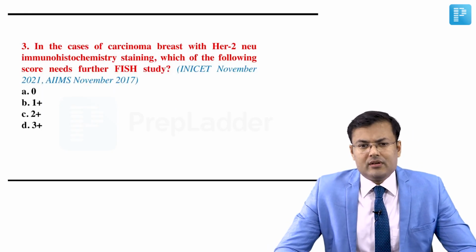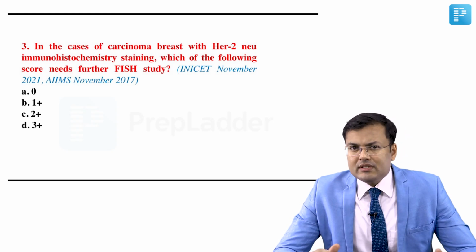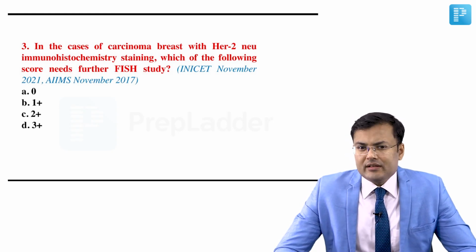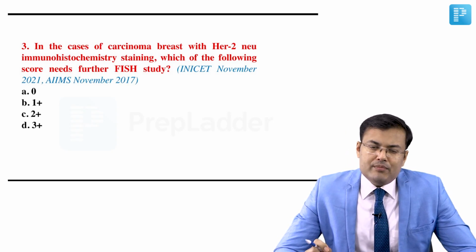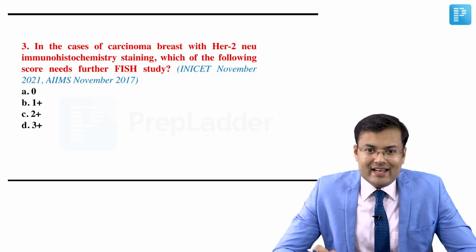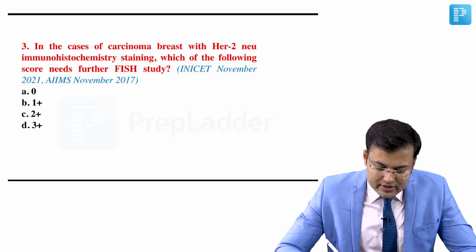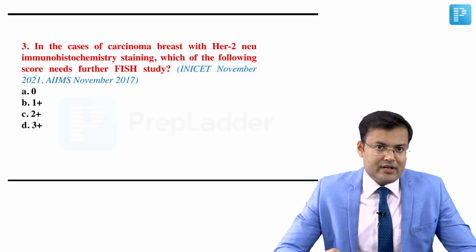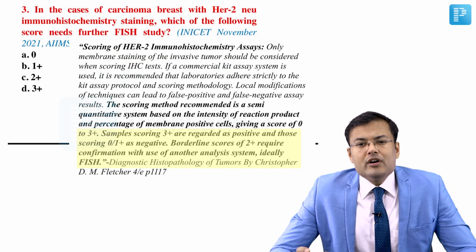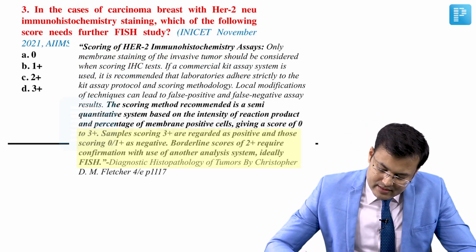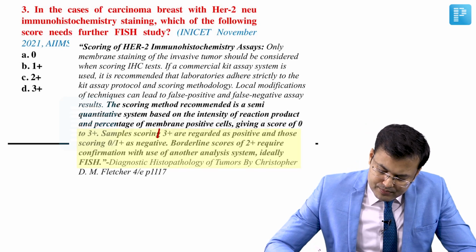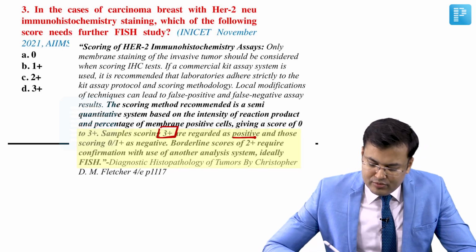See the third question. It's a repeat question. This question was asked in AIIMS November 2017. In a case of carcinoma breast with HER2 neu immunohistochemistry staining, which of the following score needs further FISH study? So if you see the scoring of HER2 neu immunohistochemistry assay, if it is 3 plus, it is considered positive.